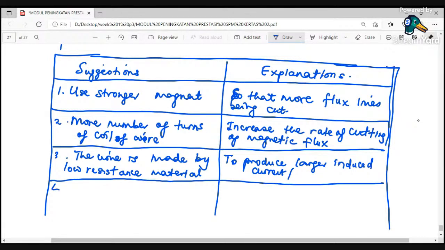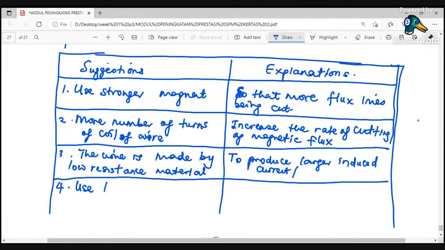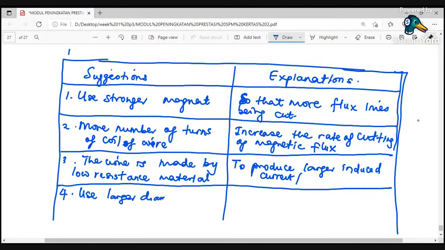Okay, for use larger diameter wire. Okay, so you boleh tulis low resistance. Okay.